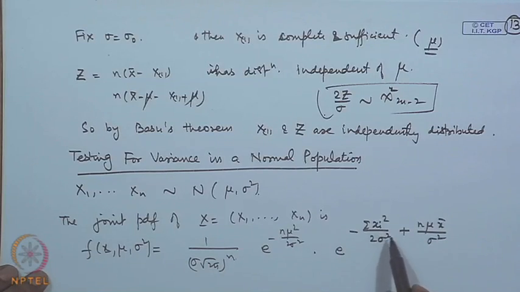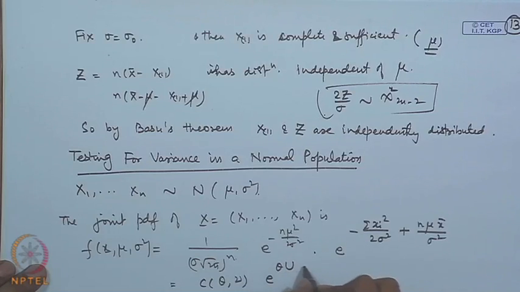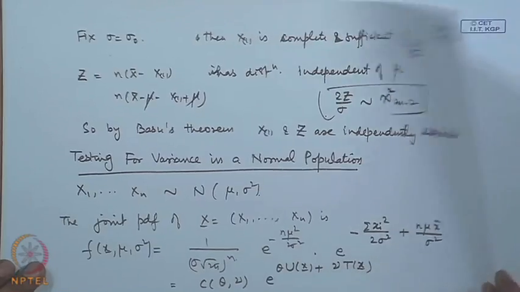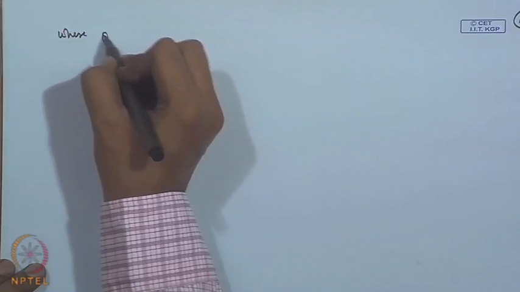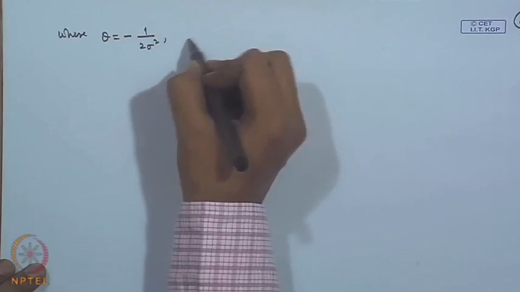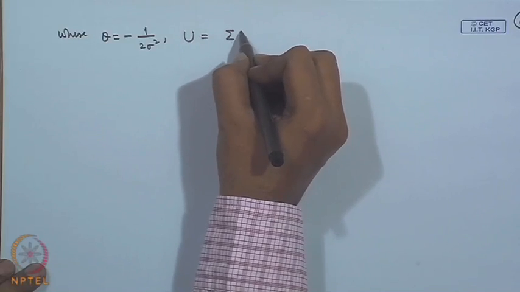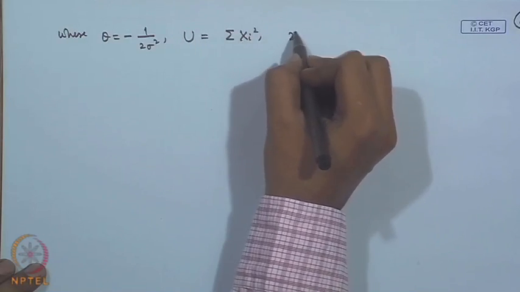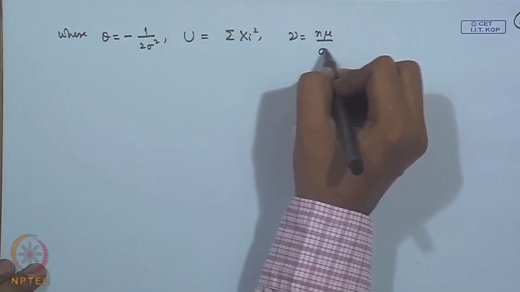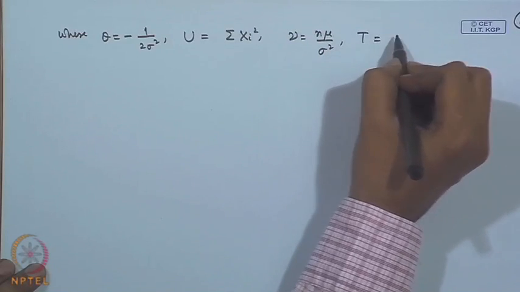So, here I am considering testing for sigma square. So, I will consider here this part as, say, theta nu e to the power theta u x plus nu t x. So, I have defined here theta is equal to minus 1 by 2 sigma square, u is equal to sigma x i square, nu is equal to, say, n mu by sigma square, and t is equal to x bar.